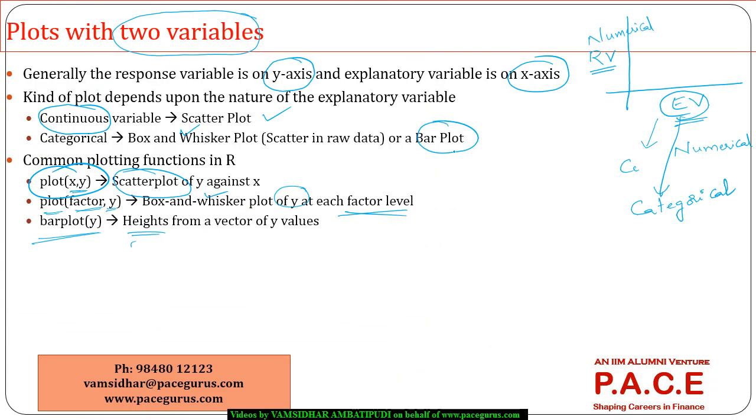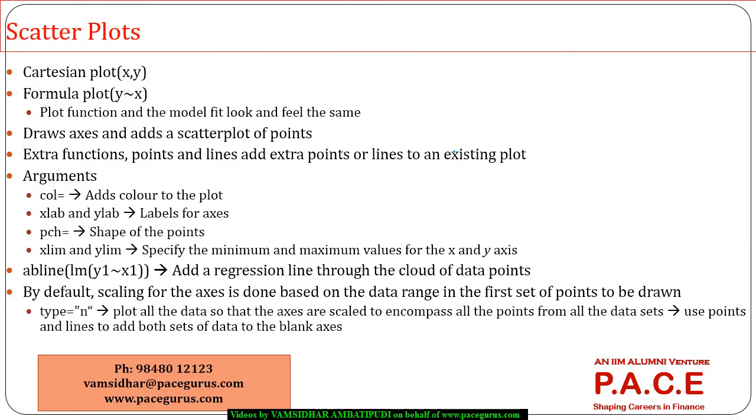Now, moving forward, the next point that we are trying to touch base upon is the scatter plot. Within the scatter plot, there are two ways in which I can get the chart plotted. There is a Cartesian plot way where I give x value comma y value, or I also have the formula plot way where I capture the y value with a tilde sign and then the x value.